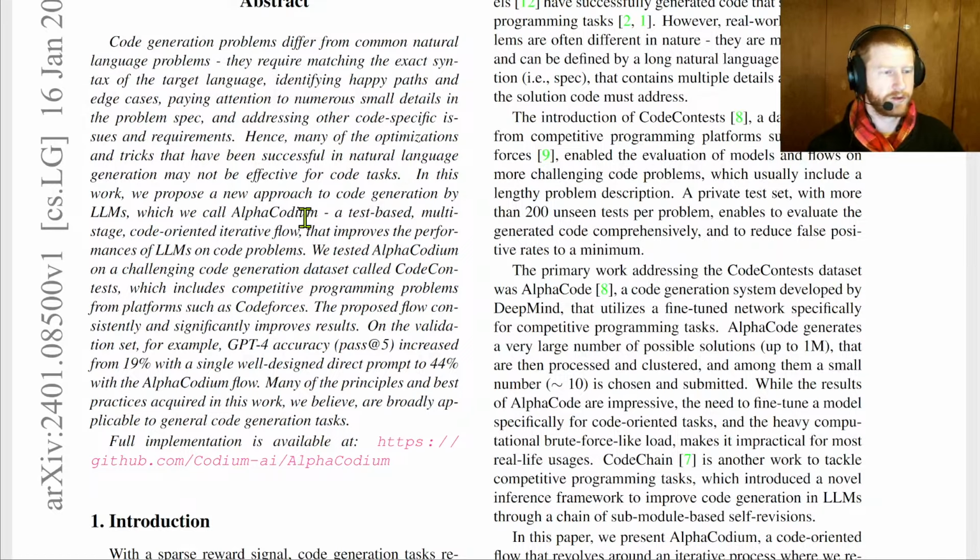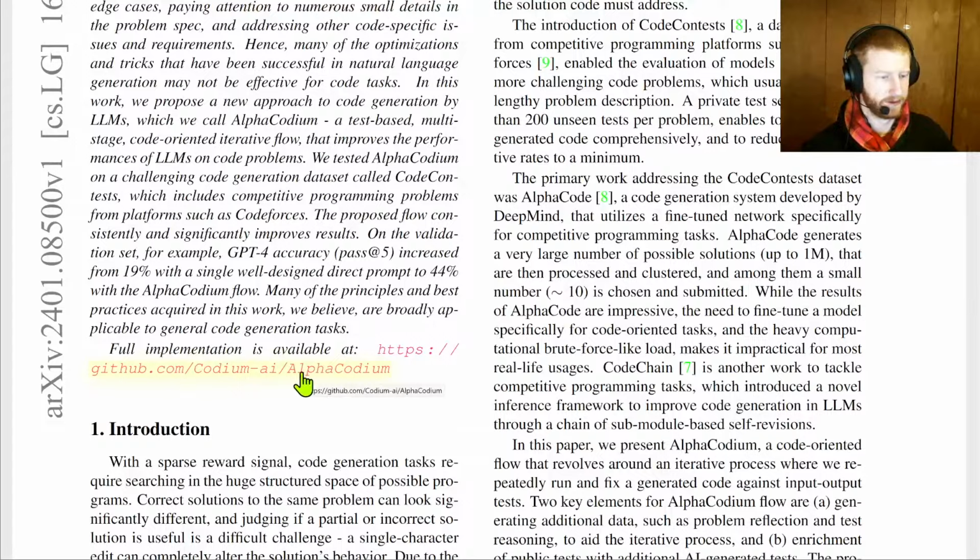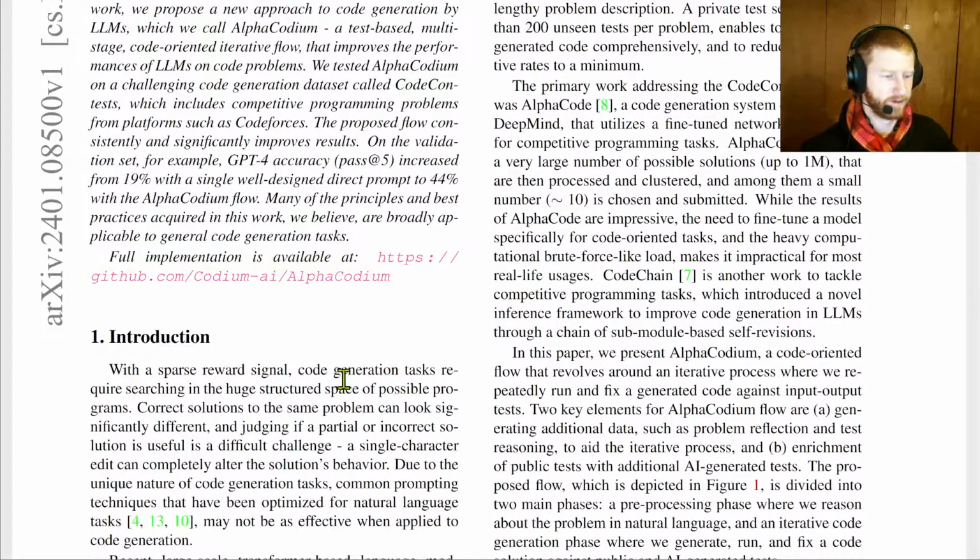So they have a new approach that they call AlphaCodium, test-based, multi-stage, code-oriented iterative flow. Try saying that 5 times fast. That improves the performance of LLMs on code problems. They've tested it on a challenging data set. It improves results on validation set, increased accuracy from 19% with a good prompt all the way up to 44% with their flow. And they have a good blog post, and I think they have the code available as well.